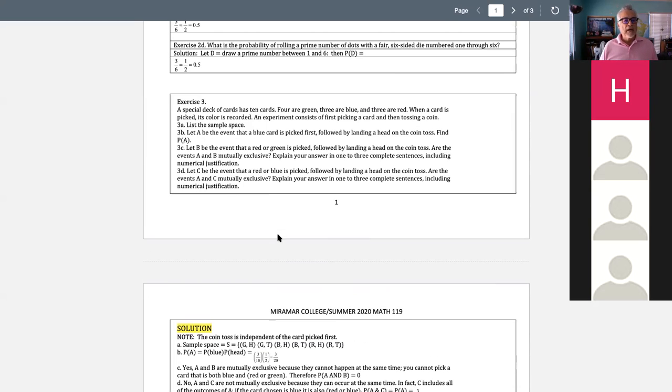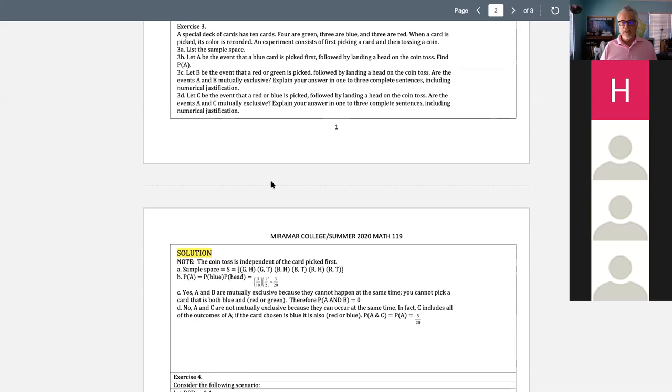Now, C is the event that a red or blue is picked. Remember, A is the event that blue is picked, so those two do have an intersection, which is non-empty. So you can pick blue and then toss a heads and satisfy C. And if you pick a blue and toss a heads, you've satisfied A. So they have two outcomes in common.